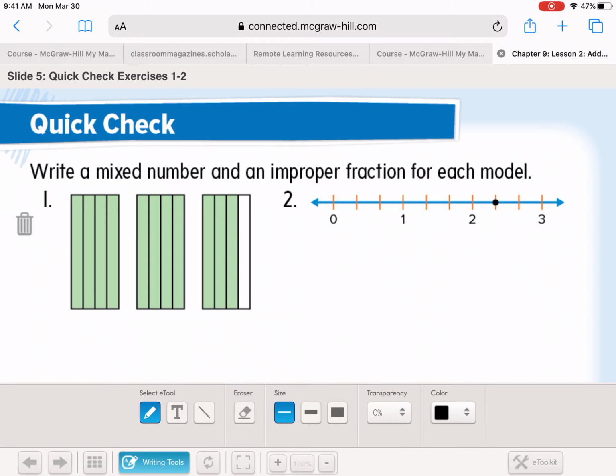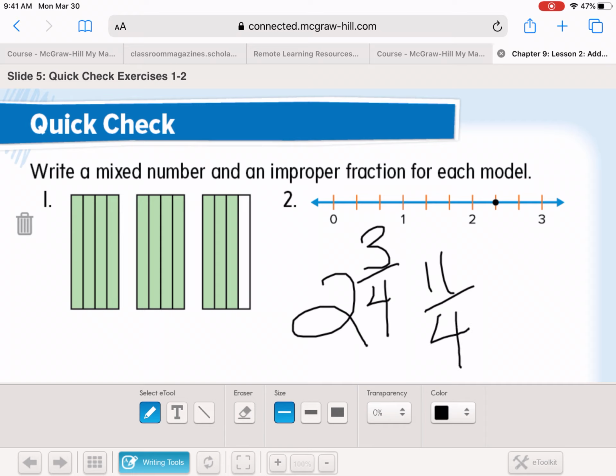Write a mixed number and an improper fraction for each model. So we have 2 and 3/4. We can also count it and say 1, 2, we have 4, 8, 9, 10, 11 over 4, right?